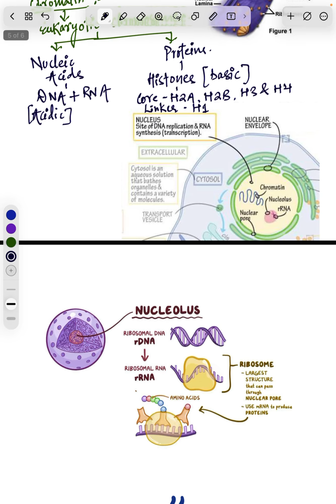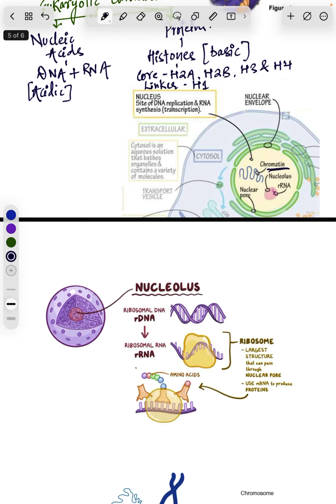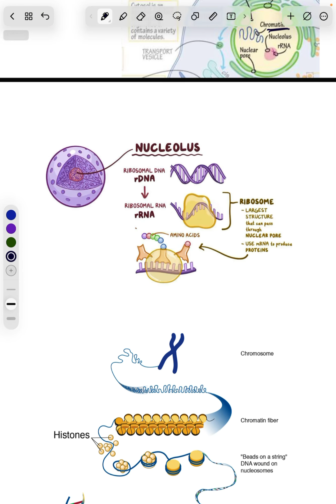The nucleus is the site of DNA replication. Chromatin is present in thread-like form. When we expand the nucleolus, here you can see DNA present in the form of ribosomal DNA, which gets converted into rRNA, and rRNA, basically the ribosomal RNA, is responsible to make proteins through the process of translation.